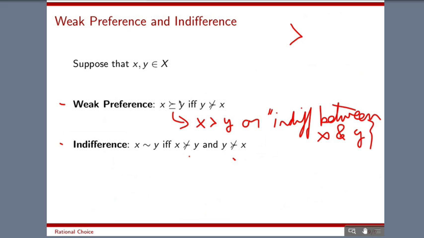So the agent always has to express some type of preference. And if he's not expressing that X is strictly preferred to Y and not expressing that Y is strictly preferred to X, the only thing left is to say that the agent is indifferent between X and Y.